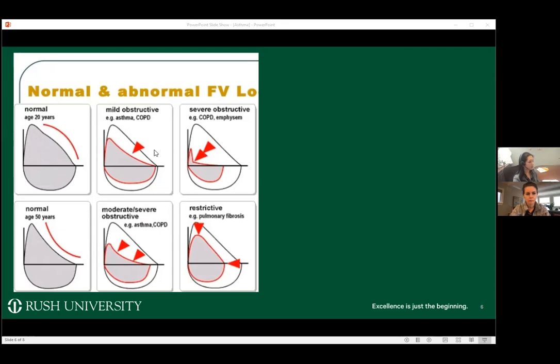I would expect normal spirometry in earlier asthma. Is there a restrictive condition instead or in addition where the shape of the flow volume loop looks the same as normal? It is just basically shrunken. And is there the presence of some obstruction?